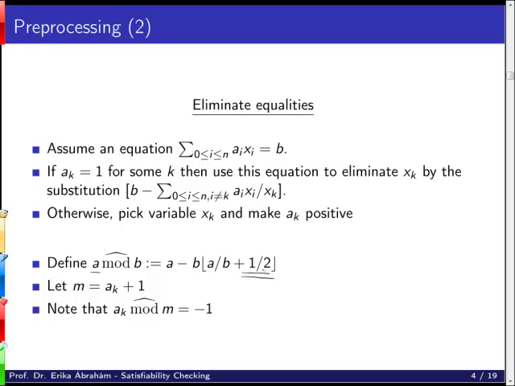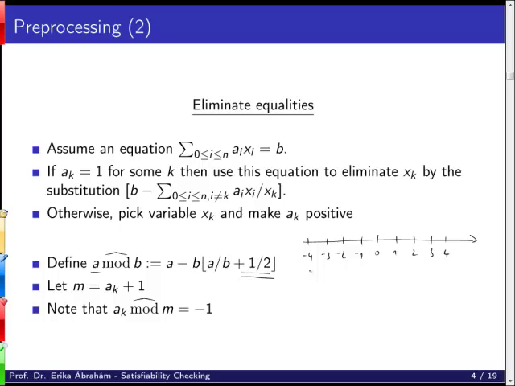So, to have a concrete example, it is easier to understand, we take modulo 4. For these values, let us compute the modulo 4.